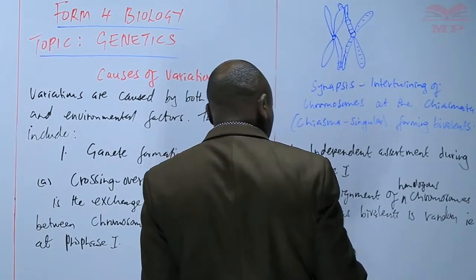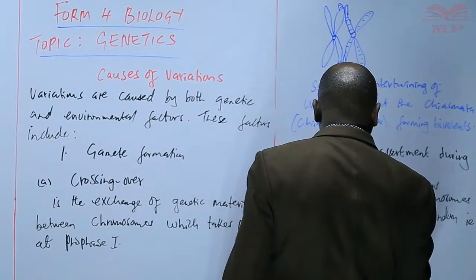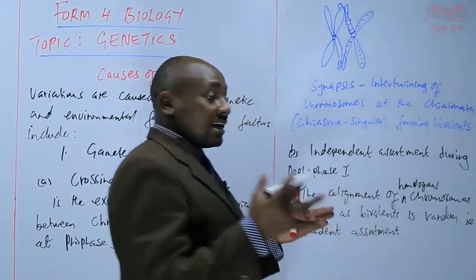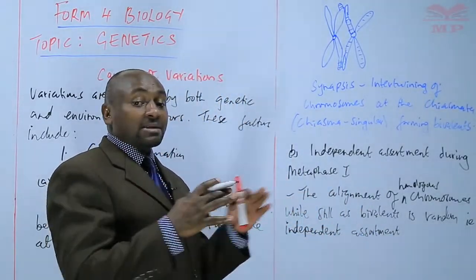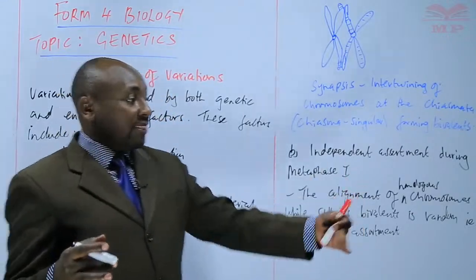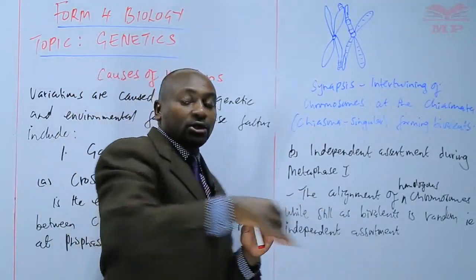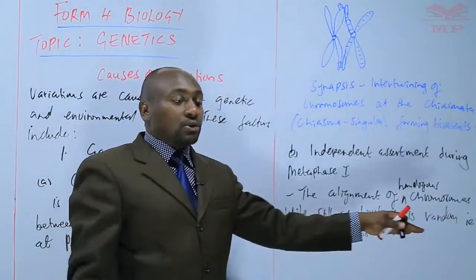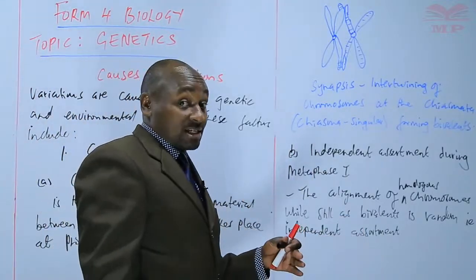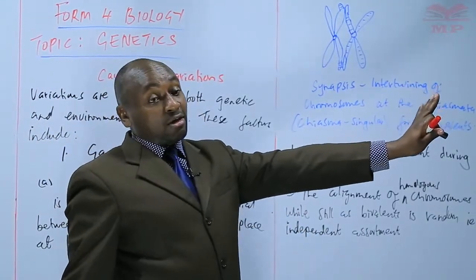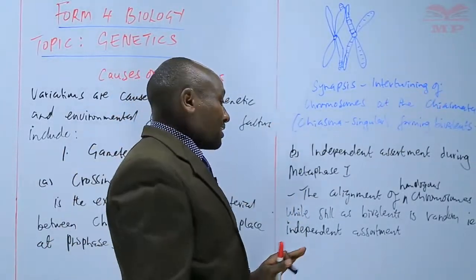We'll illustrate that. So it's random, and after that random assortment, when they start separating, they can separate in different manners. For example, that one can go to that daughter cell, this one can go to that particular daughter cell, this one to this daughter cell, this one to that daughter cell. So there are different ways in which they can lead to different daughter cells where they'll become gametes, transferring some variations to that gamete and on the other side transferring others.